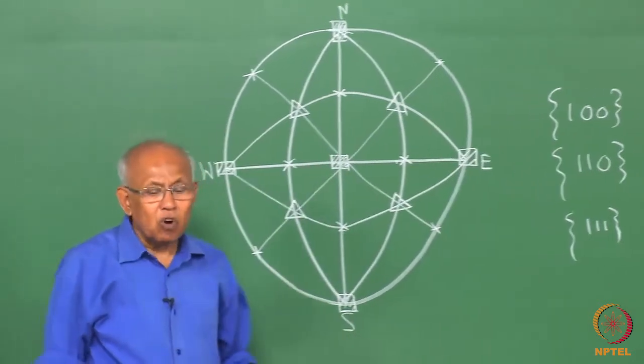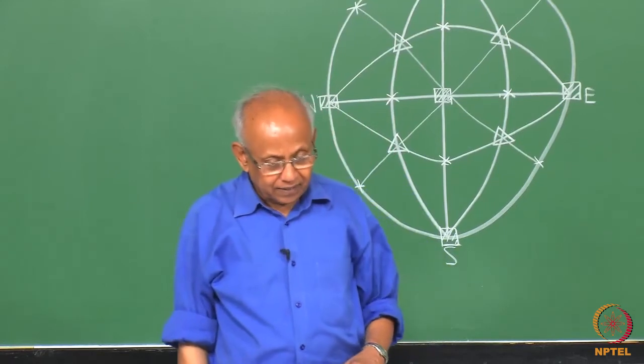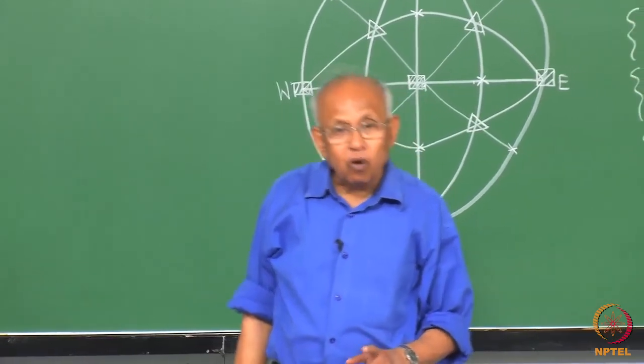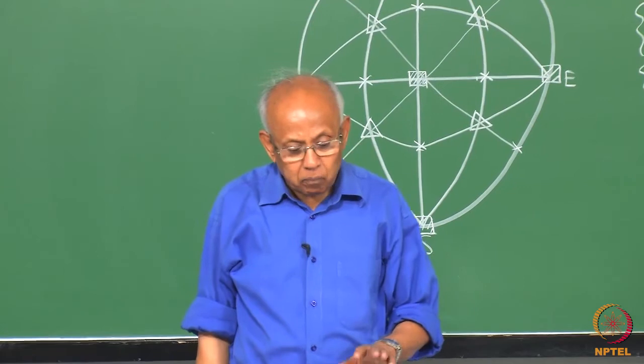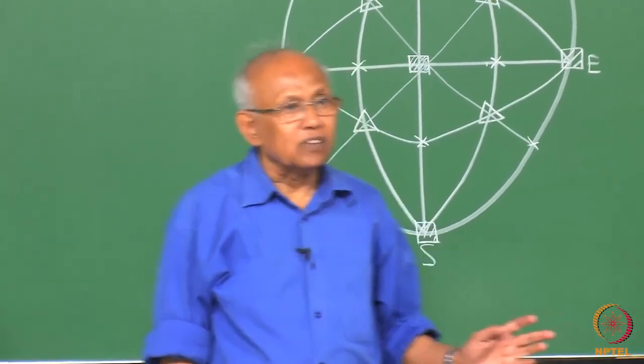Now, it can be shown mathematically that if you want to combine 3 rotation axes 4 3 2 to form a point group, then they are situated in this manner.